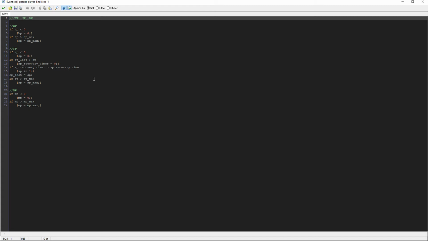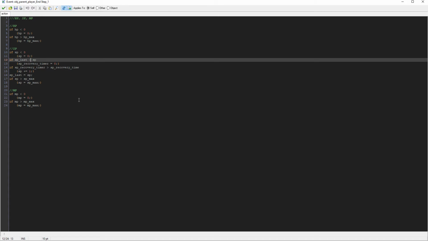So, I mean, if it's larger than what SP was, then it makes sense that the recovery timer would get messy, right?